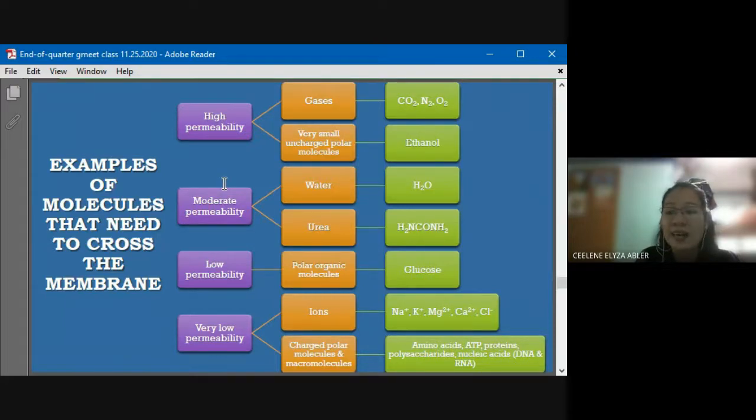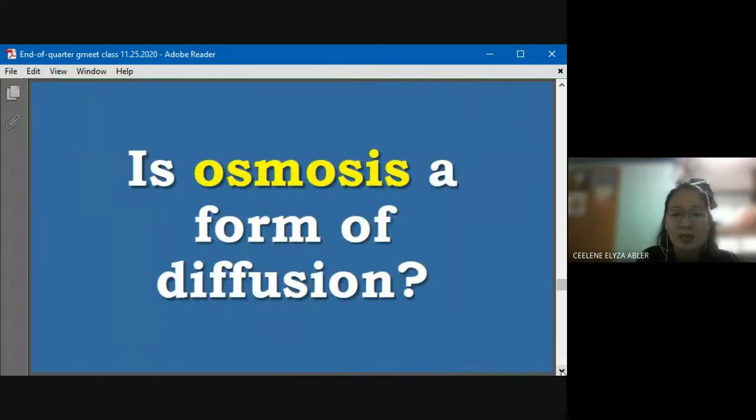But Module 7, active transport, will include the low permeability substances and the very low permeability substances. So that's the difference between the substances: what type of transport they will use.